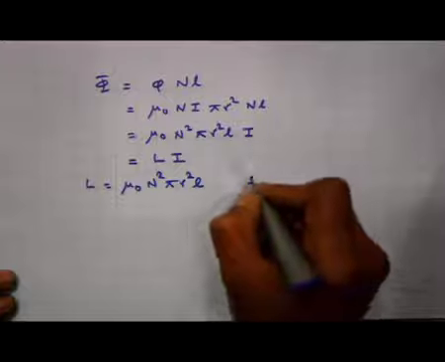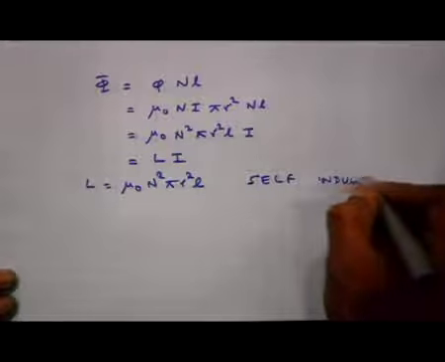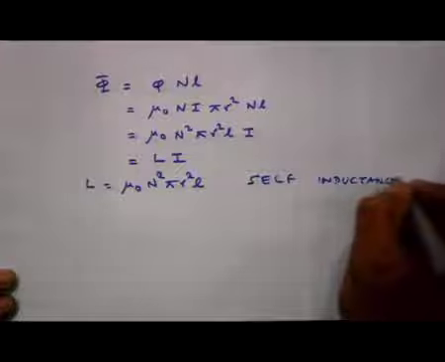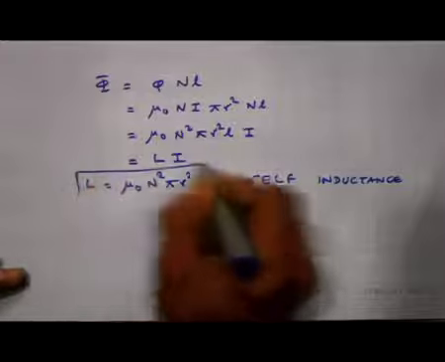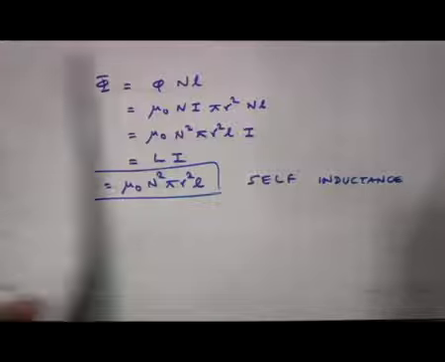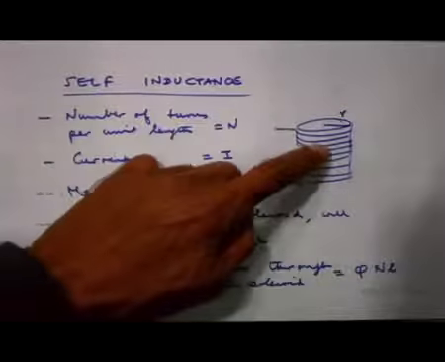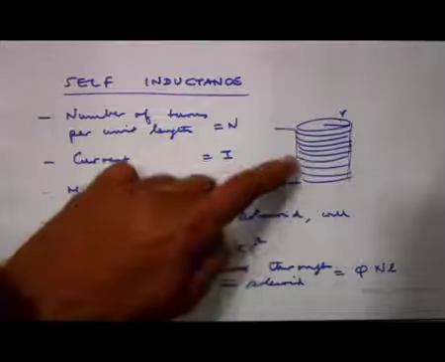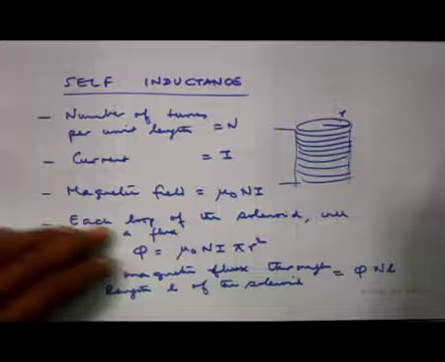This is called self inductance. It is called self inductance because it is the flux through a coil, the magnetic flux passing through the solenoid because of a current passing through the same solenoid, and it is proportional to the current passing through the solenoid.